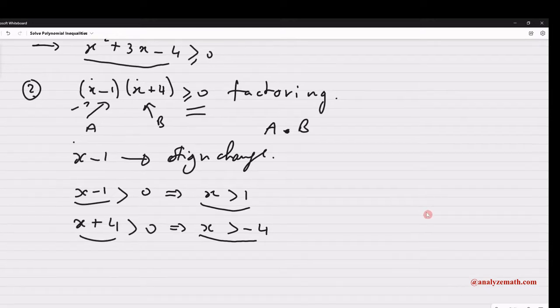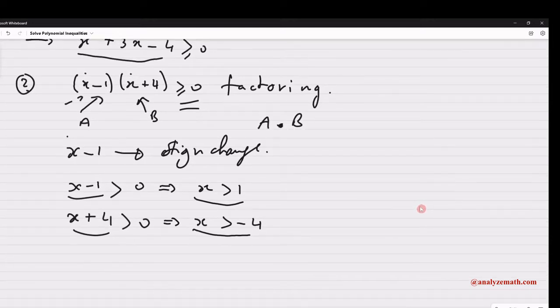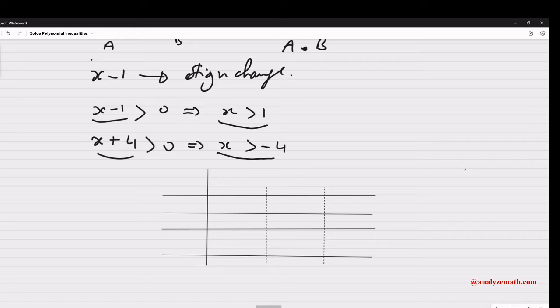Now we need to make a table. So let's consider this table here. We are going to put the 1 and the −4, which are the zeros of x − 1 and x + 4 respectively, on the table. Now we put the −4, which is the smallest, here, and 1 will go here, and the values here will be of course plus infinity, and here it will be minus infinity.